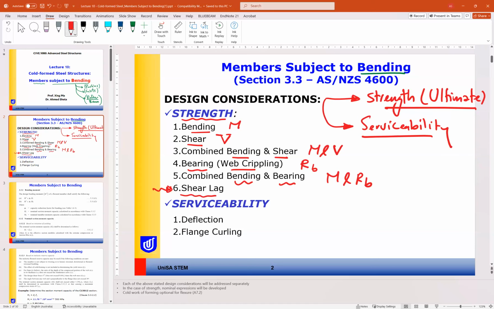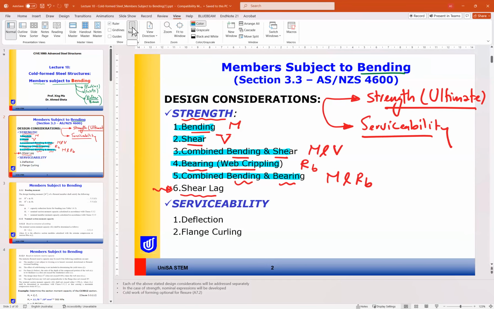So if I ask you, what are the common checks between the cold formed steel and the hot rolled steel sections? We have done all of these checks in the hot rolled steel. So actually, the design of cold formed steel and hot rolled steel has some similarities in the concepts, but what is the difference?